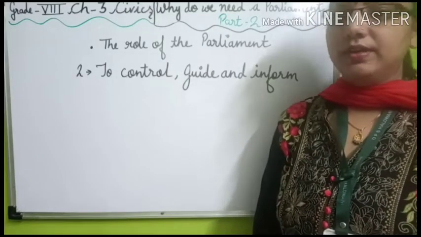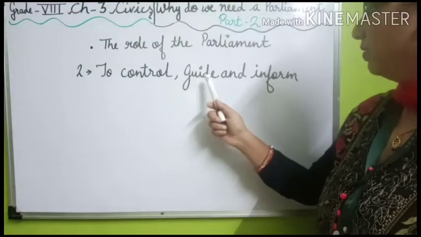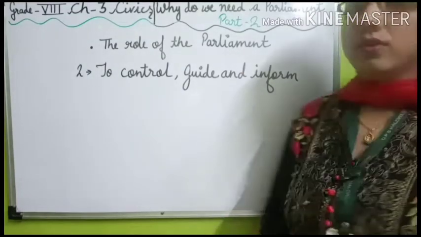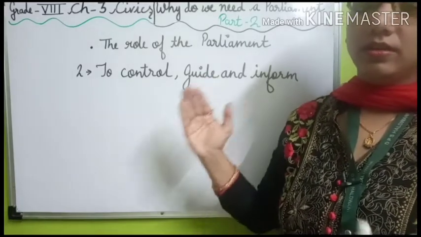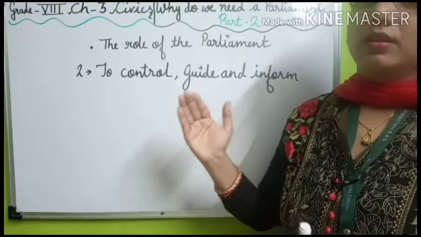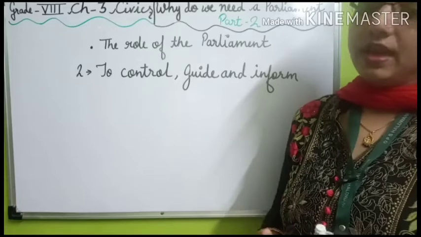Okay, so what is the second role of our parliament? The second role of our parliament is to control, guide and inform our government. Okay, it is controlling, guiding and informing our government as well as the executive.